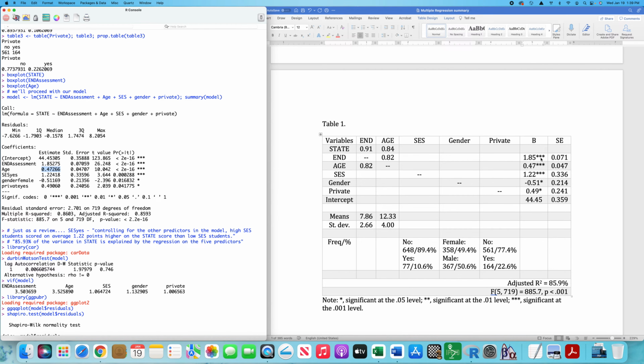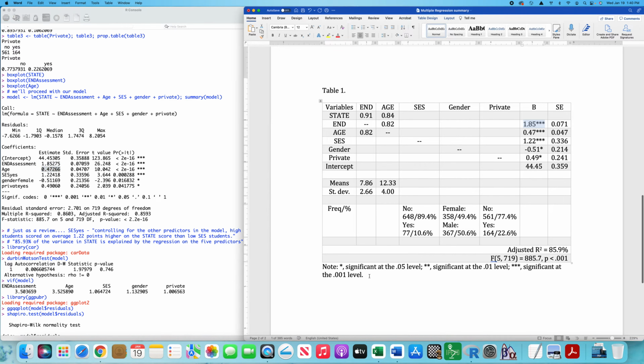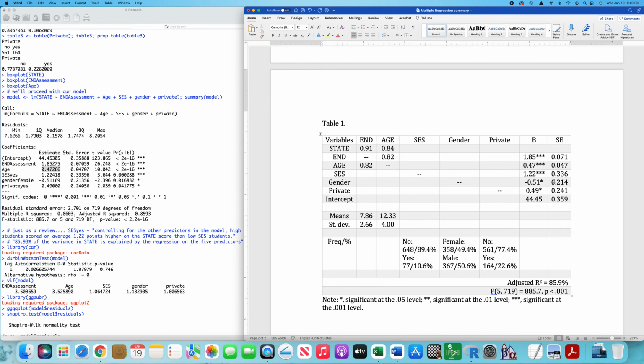I designate the level of statistical significance, explained down here by asterisk. And then I provide the standard error. Someone who knows quite a bit about multiple regression techniques can look at the standard error.